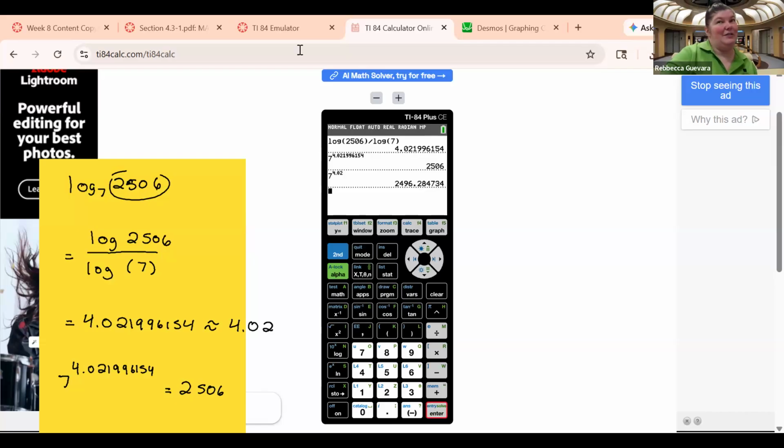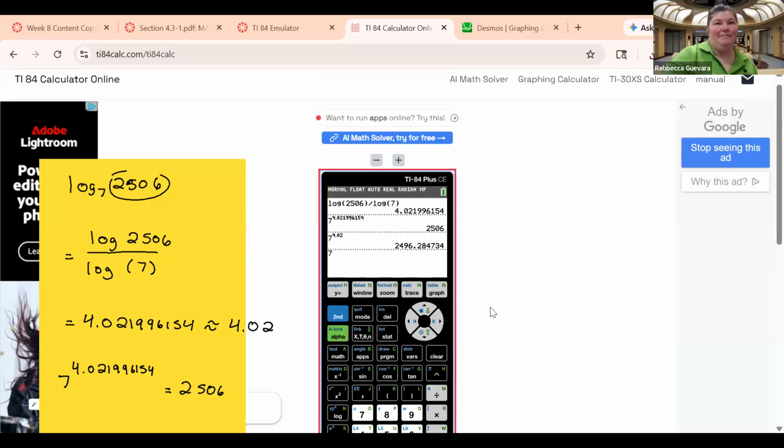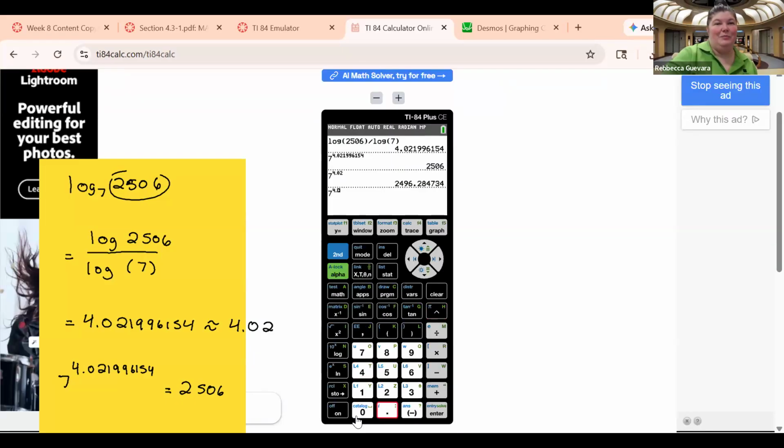That's one of the problems we have with exponents. I only have to lose a couple decimals and it starts giving me things with quite a bit of difference, but still, it's kind of close. Just bear that in mind. If you want to check if your answers work, you're going to have to put in quite a few decimals. If I add one more decimal, then you see we're really close.